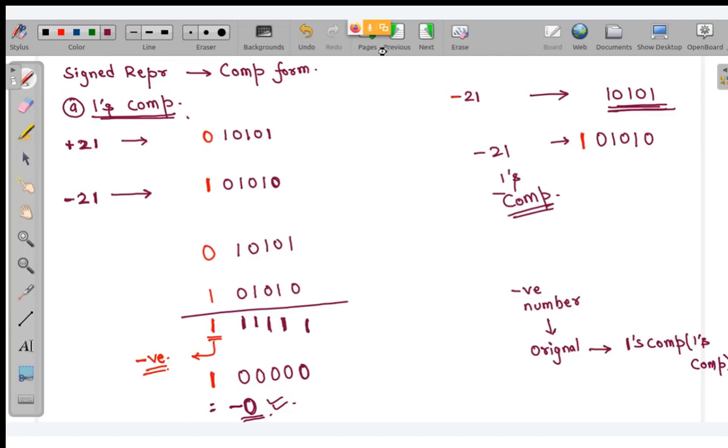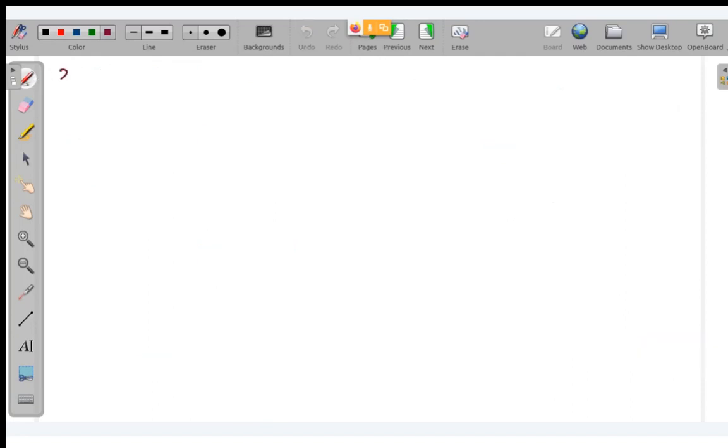Now let us subtract 21 minus 9. We know that this is 12. Let us see if we can get 12 from 1's complement representation or not.